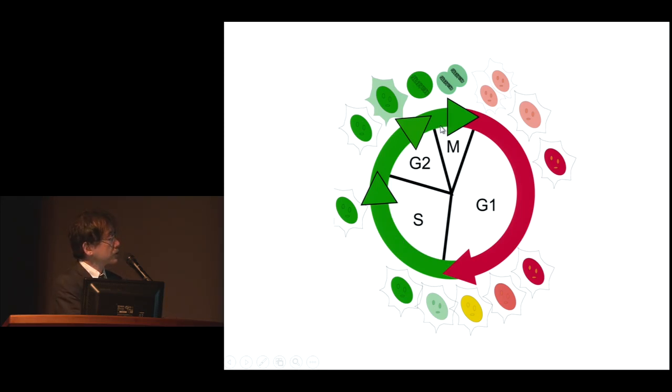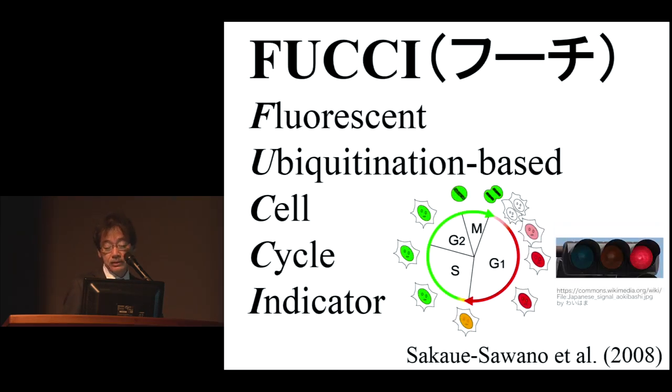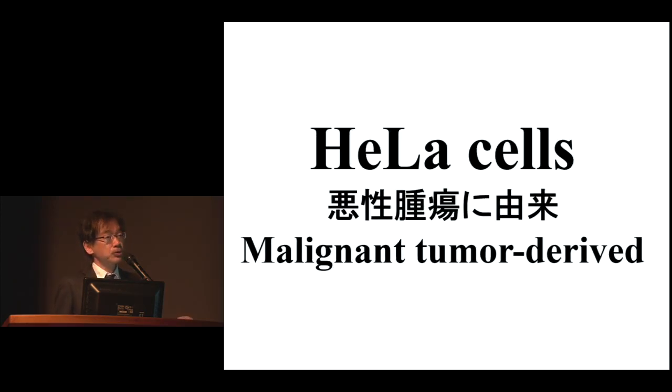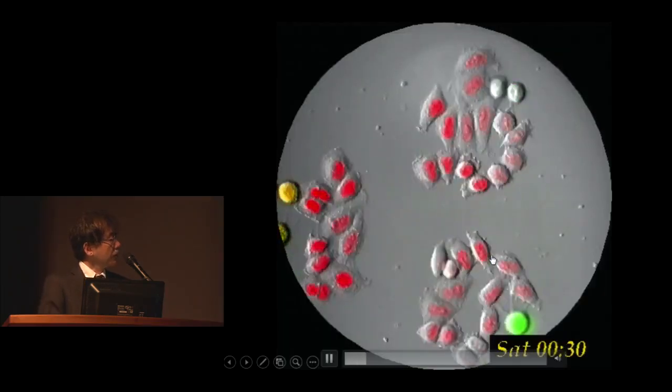Now the G1/S transition can be monitored as a color conversion from red to green through yellow. Okay, so that's Fucci.